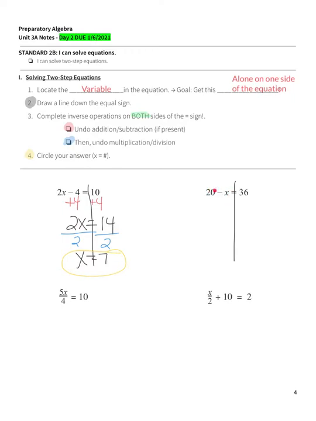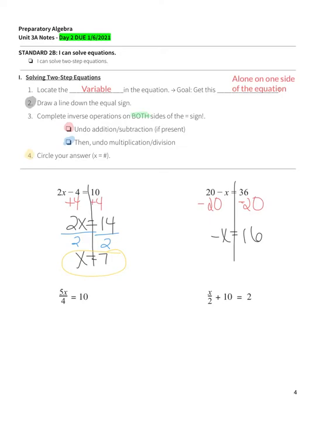So if I have a positive 20, the opposite of positive 20 is negative 20, so I need to subtract 20 from both sides. And now I'm simply left with negative x is equal to 36 minus 20 is equal to 16.